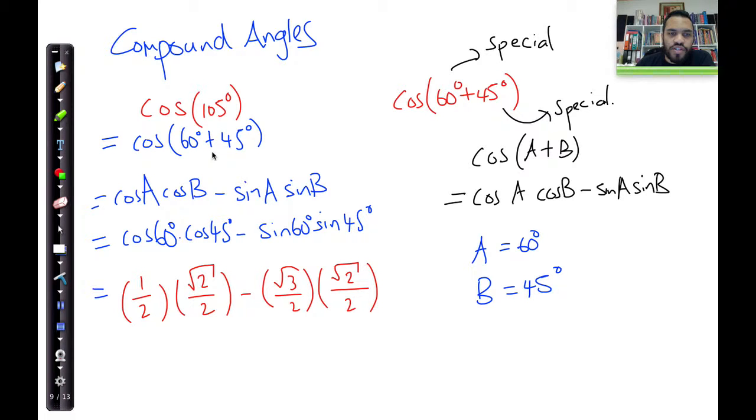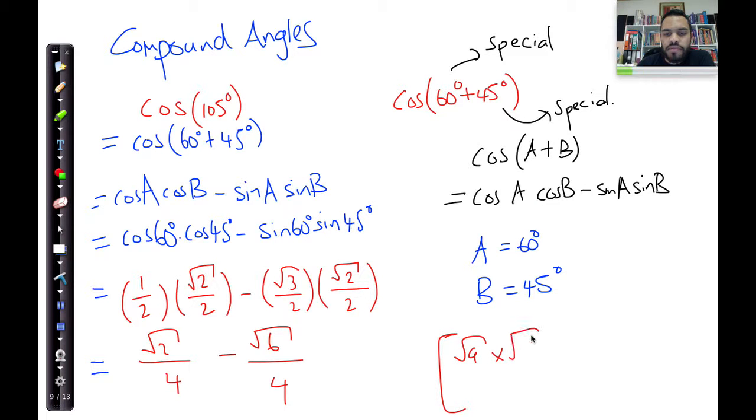If the original was plus, we use minus, and now I can just multiply that out, and I get the following. It's going to be root 2 over 4 minus root 6 over 4. That's an important property there. If I have root A multiplied by root B, then the answer is equal to root of A times B. And that there is root 6.